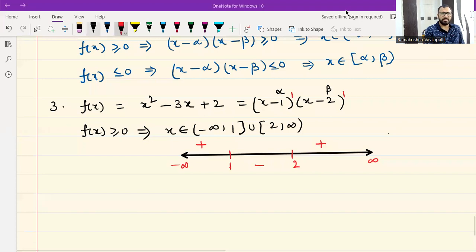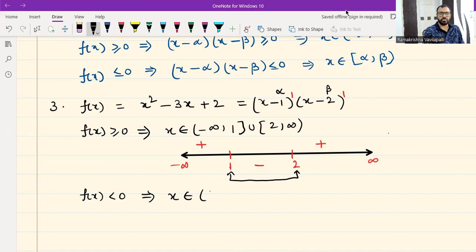Suppose we want that f of x is strictly less than 0. So less than 0 means you have to consider the negative sign interval. So between 1 and 2, that expression is negative. So you can write x belongs to 1 comma 2.